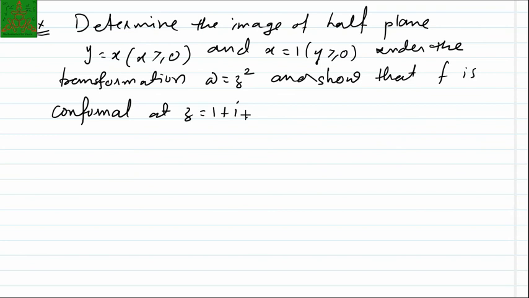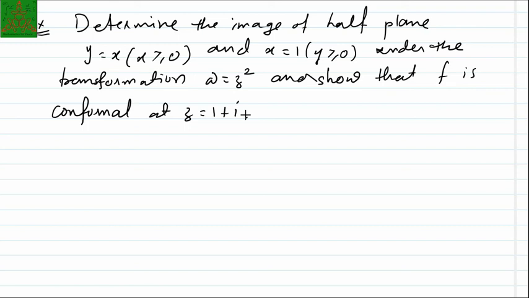You can do this exercise yourself. First, you have to show what the images of these two half lines are under this transformation w equal to z square, and you have to show that this function is conformal at the point 1 plus i without using the previous result. That means you need not use the shortcut; you have to do all the calculation for that.